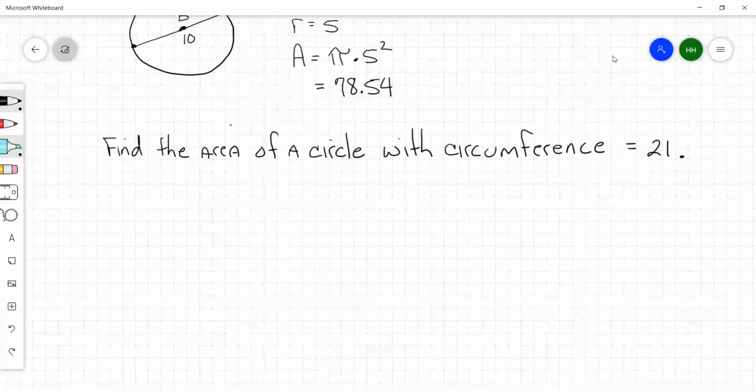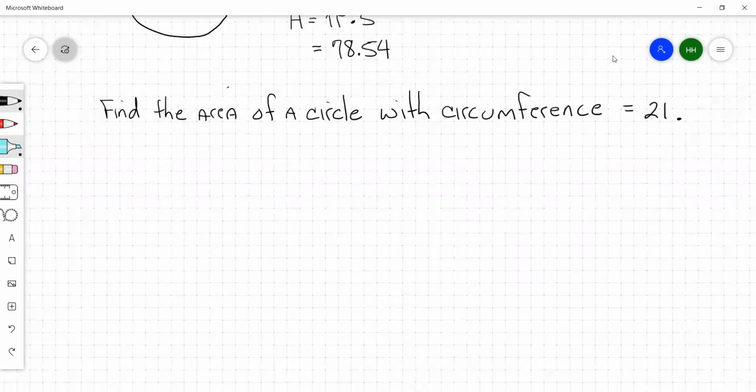Well, you did these problems the other day where you were given the circumference and you found the radius and the diameter. So in this case, if you're going to be finding the area of the circle, area equals pi times the radius squared. So the first thing you have to do is find this radius. Well, we said the other day that circumference is equal to 2 times pi times the radius.